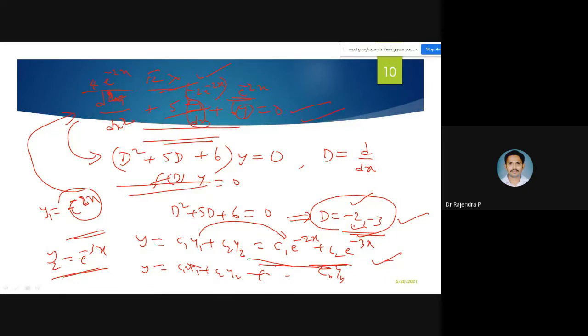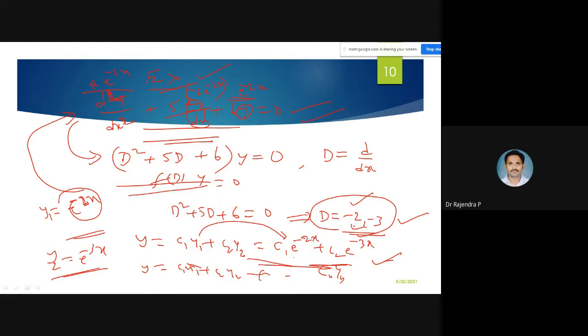With the help of some particular solutions, we can get them. Forget about the arbitrary constants at present. Based on your initial conditions, you can get these arbitrary constant values, and their combinations also become a solution. That is the reason we make our general solution y is equal to C1 y1 plus C2 y2 for 2 roots.